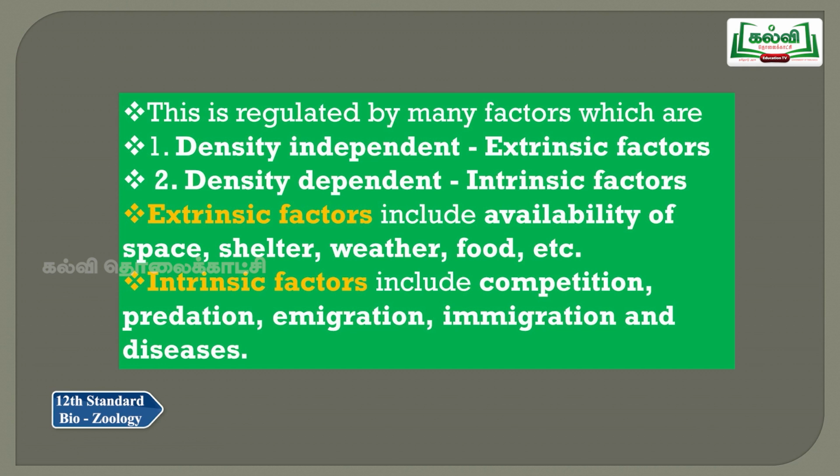Extrinsic factors include the availability of space, shelter, weather, food, etc. And intrinsic factors include the competition between the organisms, predation, emigration, immigration, and diseases. If the organism is weak, then it cannot give competition, so it will die off. And if the predator is very strong, then the prey will be eaten by the predator.